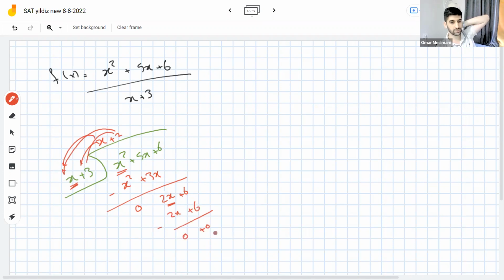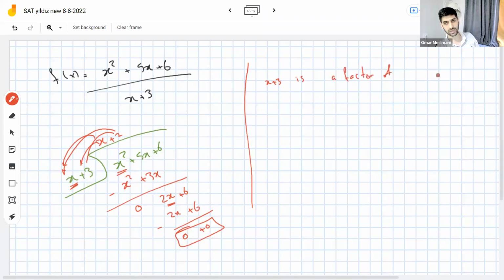So what is my remainder? My remainder is 0. So what statement can I say? I'm going to say that x plus 3 is a factor of the polynomial x squared plus 5x plus 6.